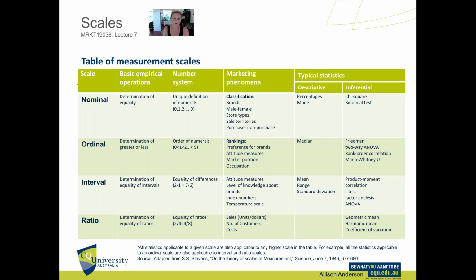The marketing phenomena that you can use are sales, units per dollars, number of customers and costs. There are not a lot of descriptive statistics that you use, and for the inferential ones, coefficient of variation is probably the most common one, and we may talk a little bit about that when we're talking about SPSS. Hopefully that is not too confusing.